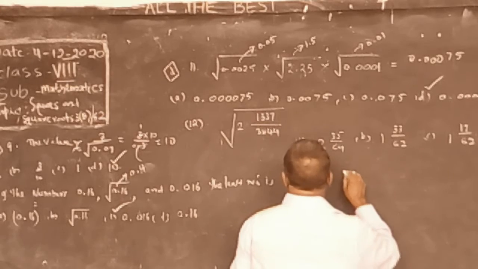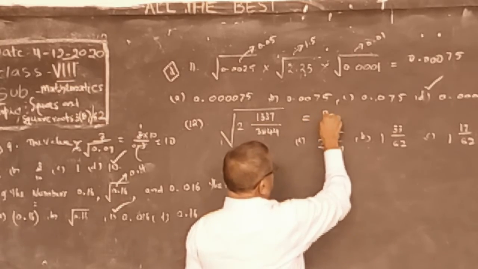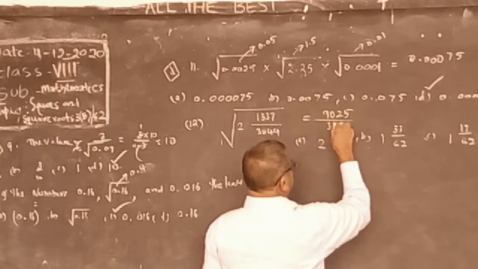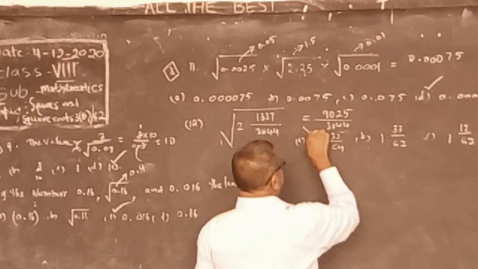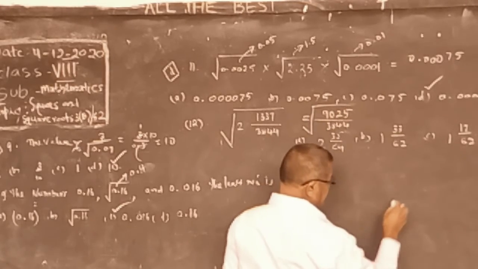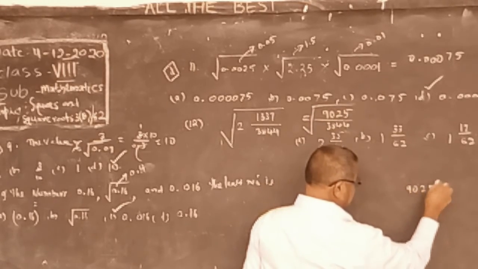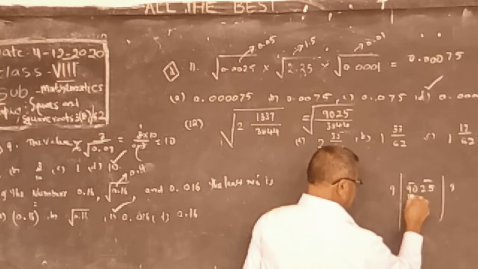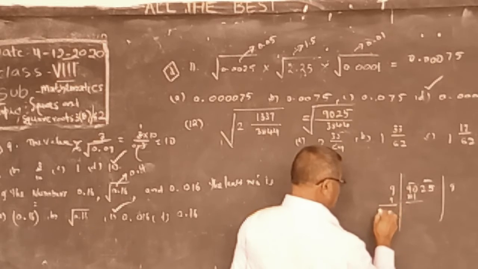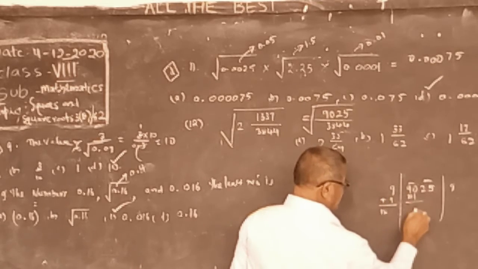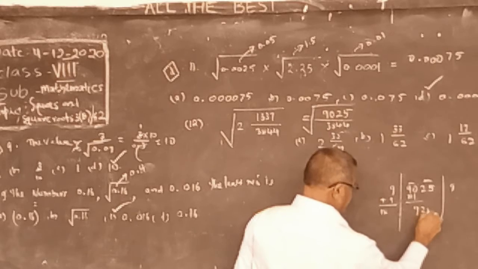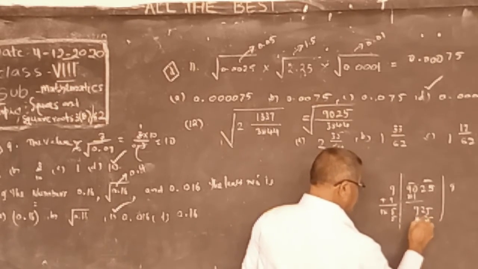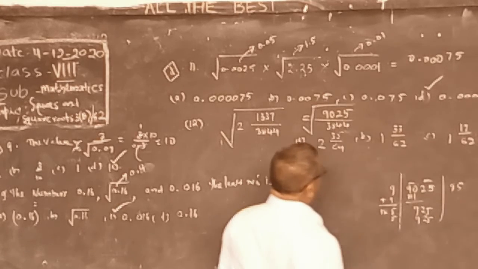This is nothing but converting this as an improper fraction, 9025 by 3844 under root. For 9025 the square root: 9 9s are 81. Pair it, repeat the same number and add, remainder 9 25. 5 5s are 25, so 95.